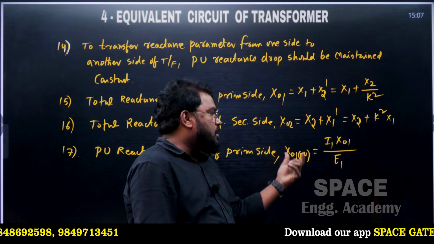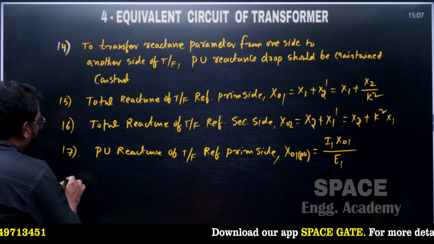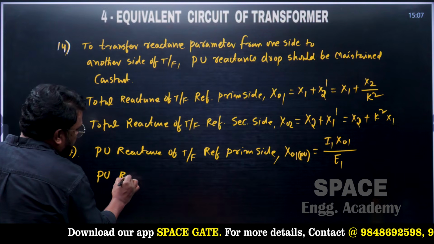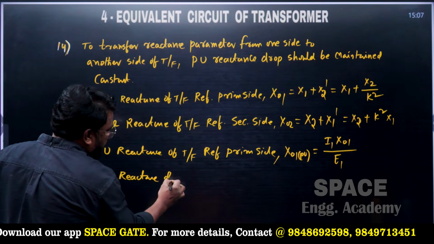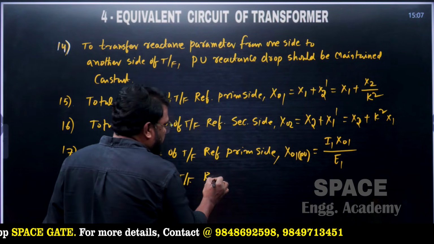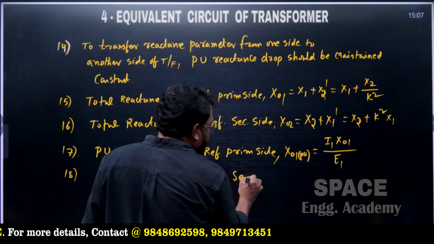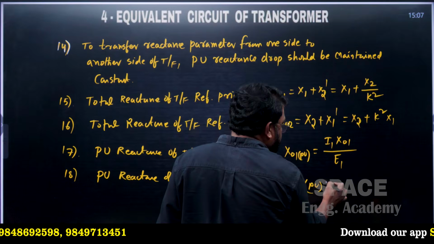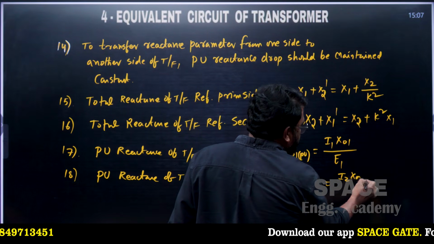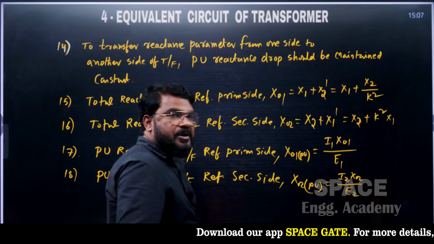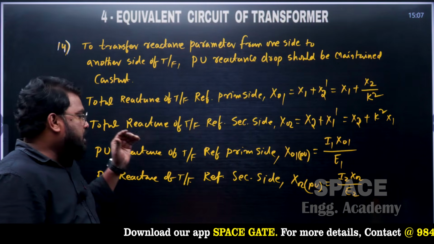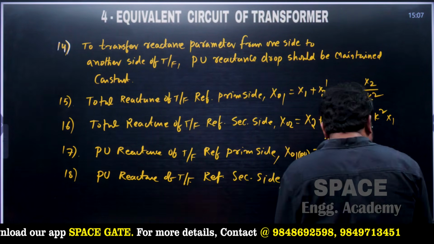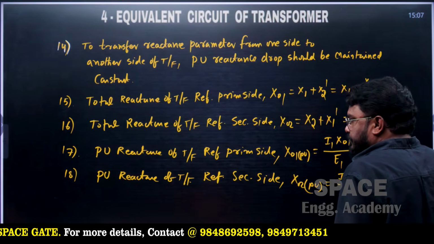This is a simple formula. And the 18th formula: the per unit reactance of the transformer referred to the secondary side, X02 per unit value, is equal to I2 X02 divided by E2. And next, another question, the 18th point.